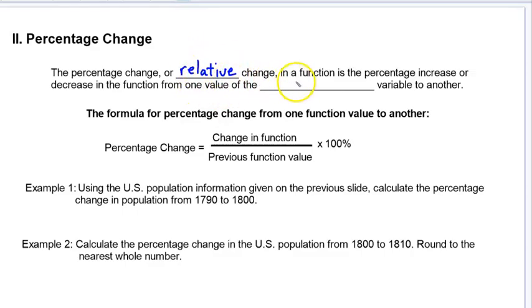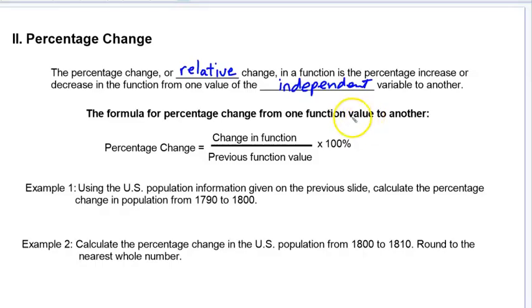Relative change in a function is the percentage increase or decrease in a function from one value of the independent variable, that's the x coordinate, to another. And here's the formula, the Mathies formula, the change in the function divided by the previous function value.